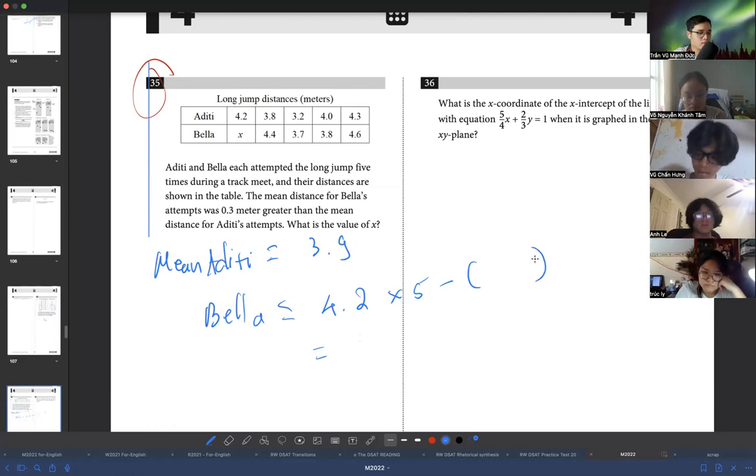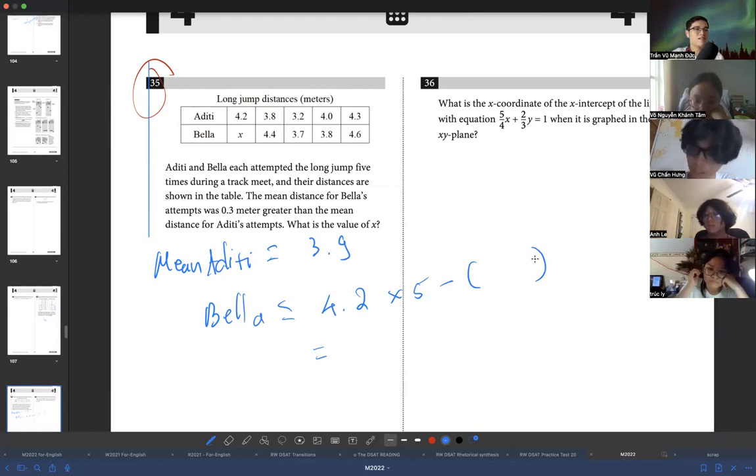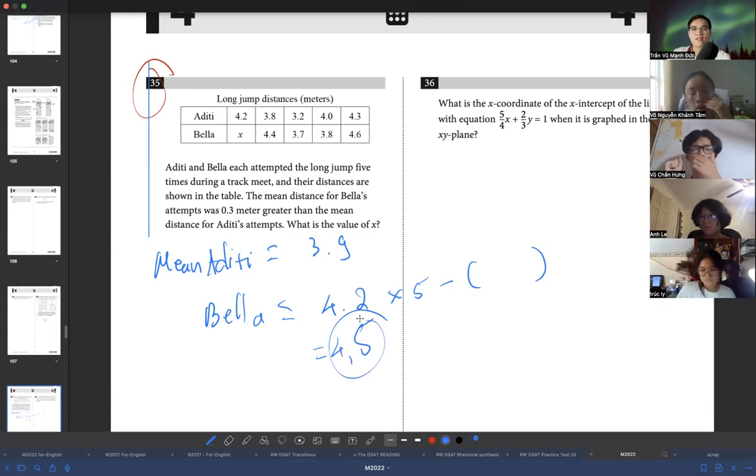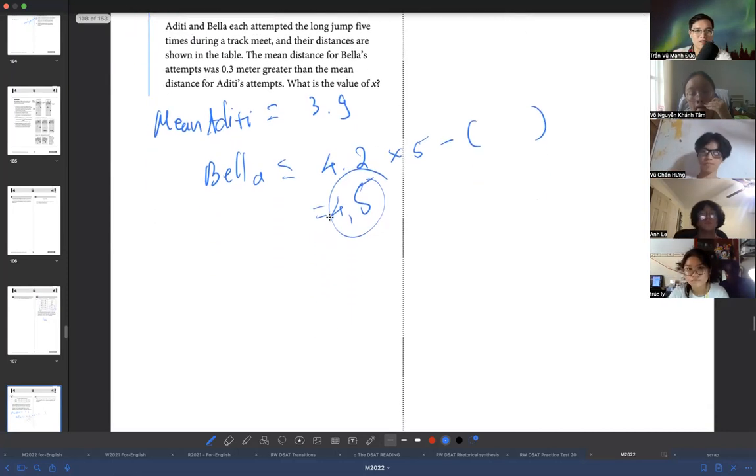Let's see. 4.2 times 5 subtracted by 4.4 plus 3.7 plus 3.8 plus 4.6. I still don't get 3. I mistyped. It's 4.5. Exactly. So it's 4.5. Right, correct. So don't mistype, because on the SAT it is very dangerous.